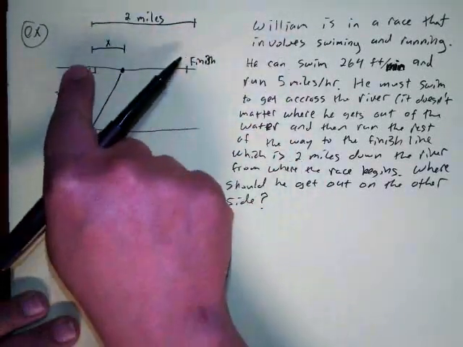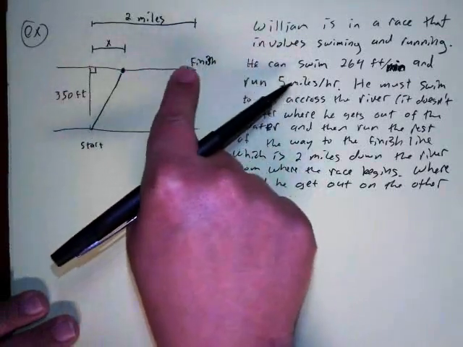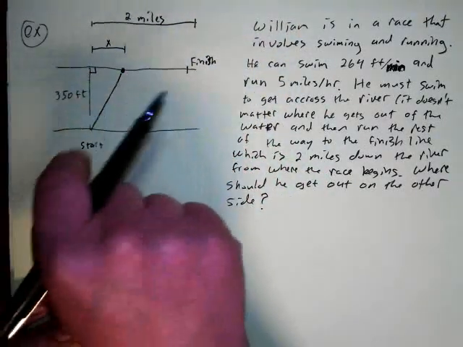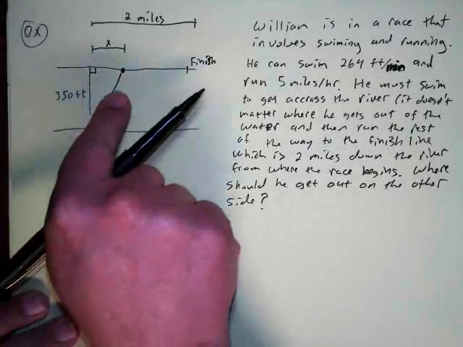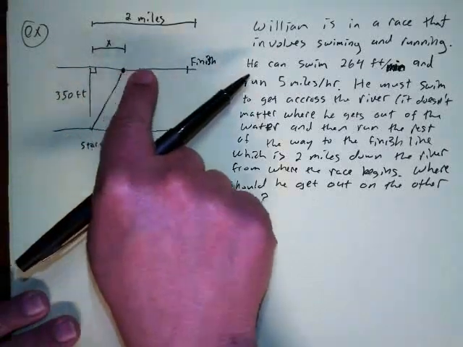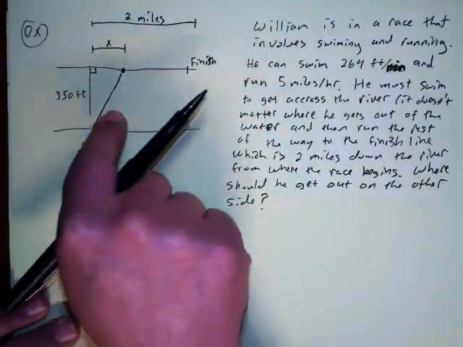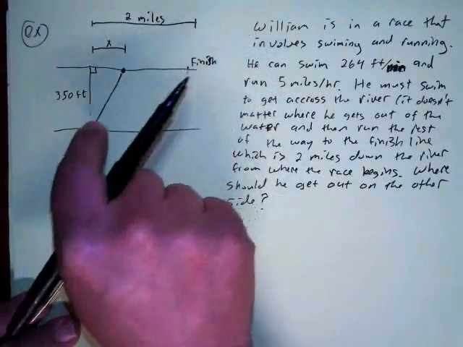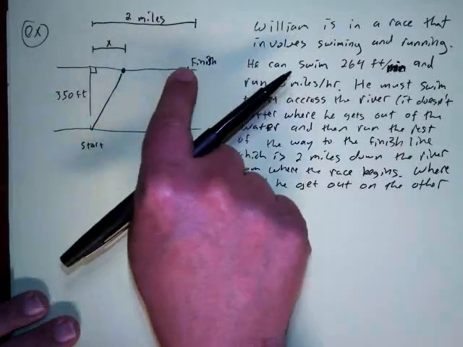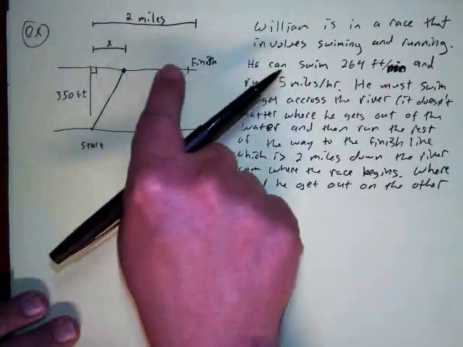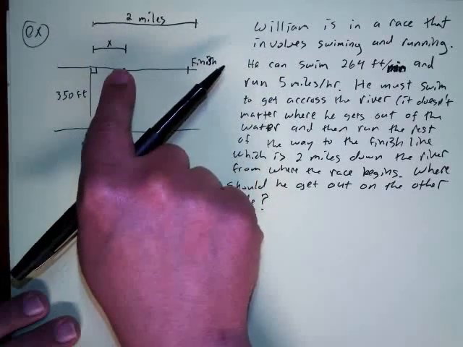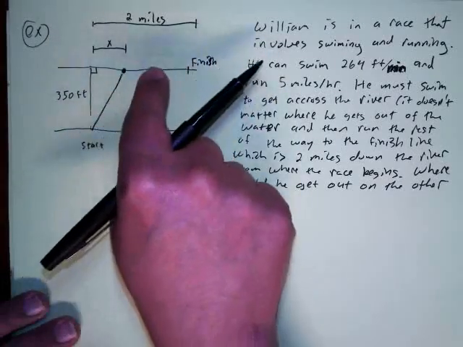And it doesn't matter if he goes straight across and runs down to the finish line, or he can go at an angle like this and run to the finish line. He could go straight to the finish line. Now this would actually be the minimum distance. This would be the longest distance, and then these would have shorter distances.